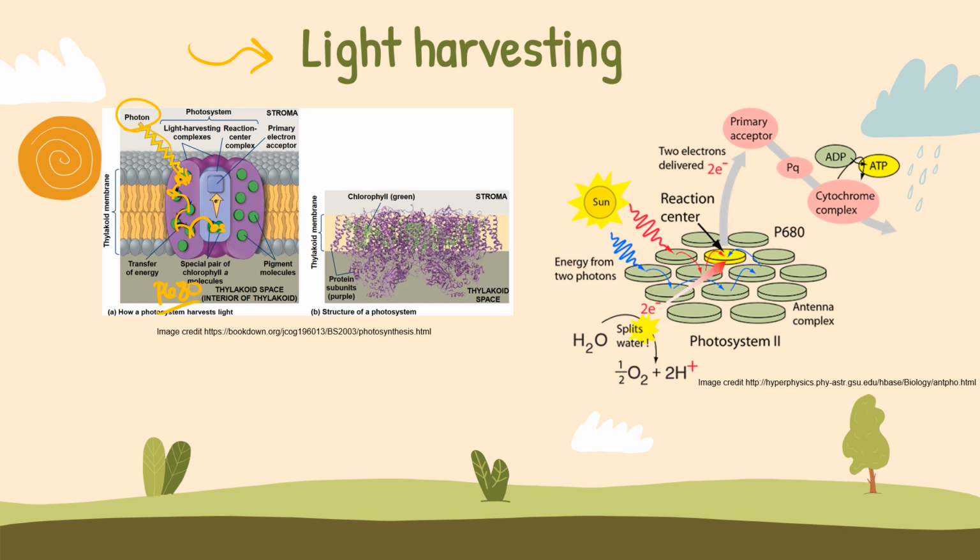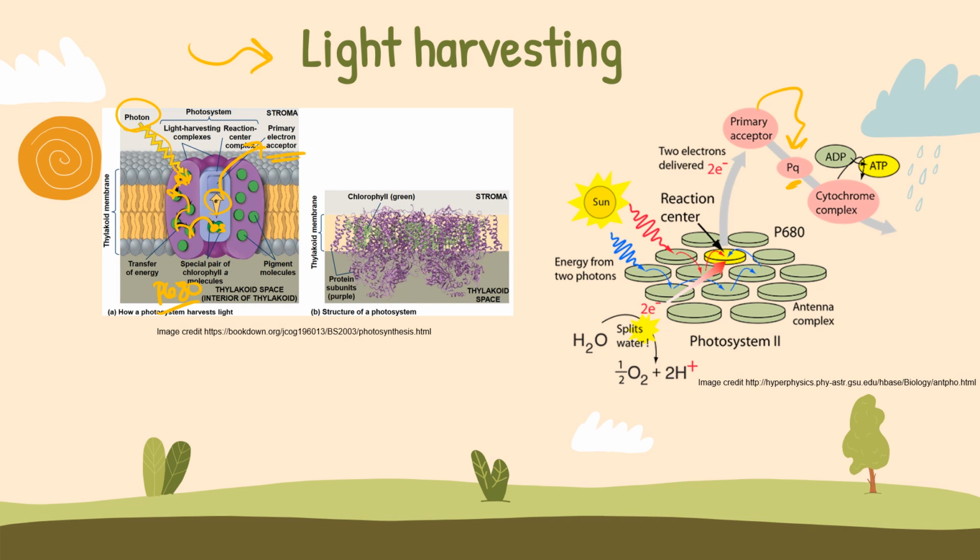These guys are going to wiggle and jiggle so much that they actually lose some electrons. And those electrons are going to be donated off to a primary electron acceptor. And we're going to call that guy PQ or plastoquinone. We'll talk about that a little bit more in a couple slides.